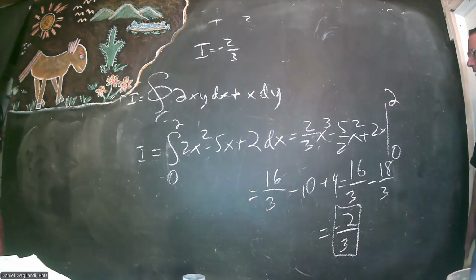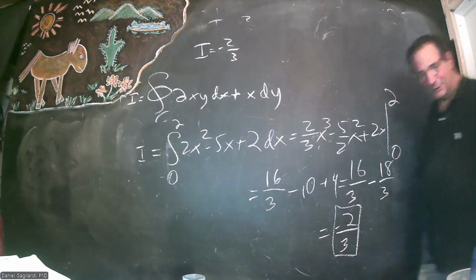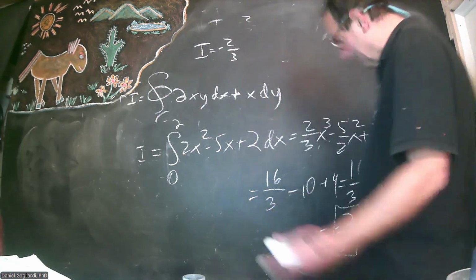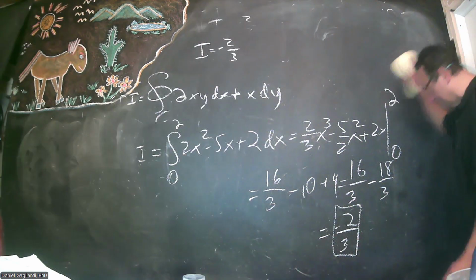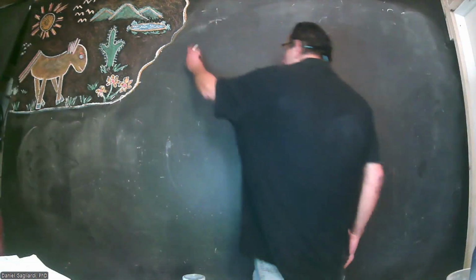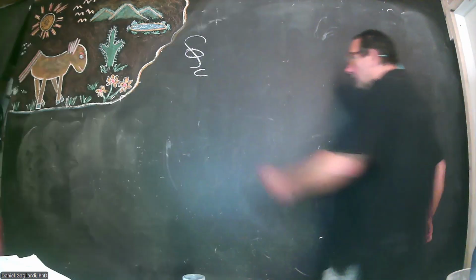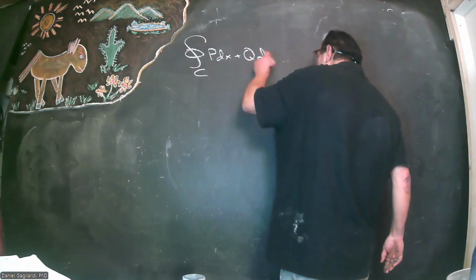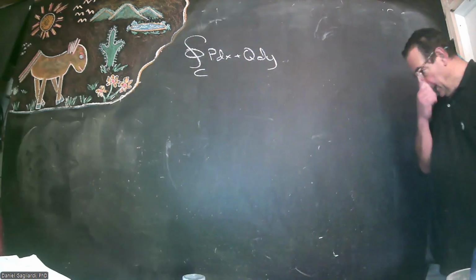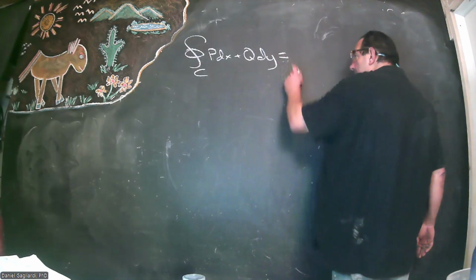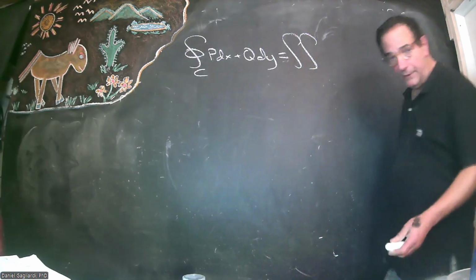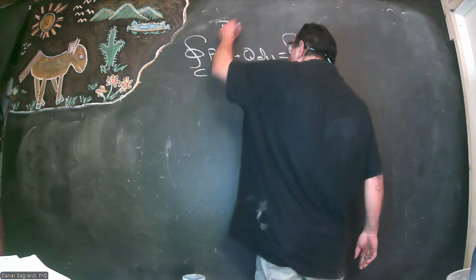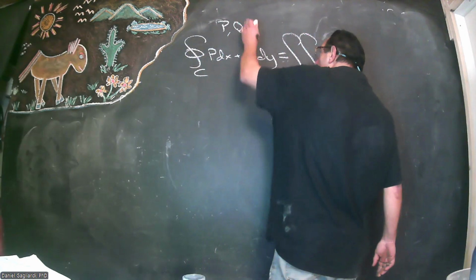That's great. So that's a little reason to believe Green's theorem. So let me give you a little more reason to believe Green's theorem. Let's write down what Green's theorem is again. Green's theorem says we have the integral around the simple closed curve of P dx plus Q dy, and that's going to be equal to the double integral, given that P and Q have continuous first order derivatives.